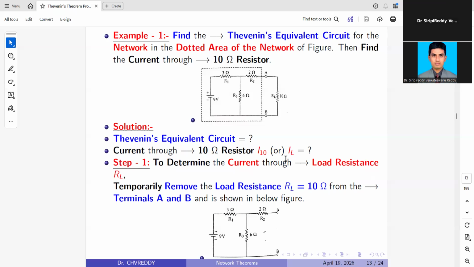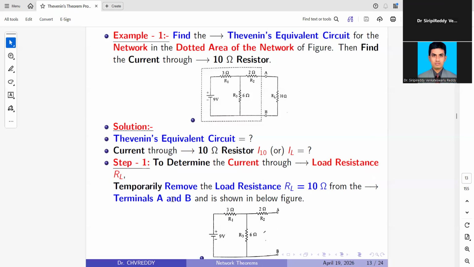In order to find the current through the load resistance, what are the steps we have to follow? The same steps we followed in Thevenin's theorem we have to follow here also. Step one is to determine the current through the load resistance, that is RL.